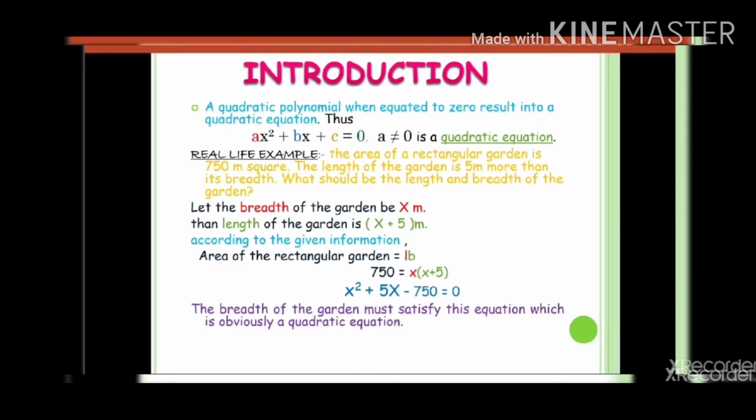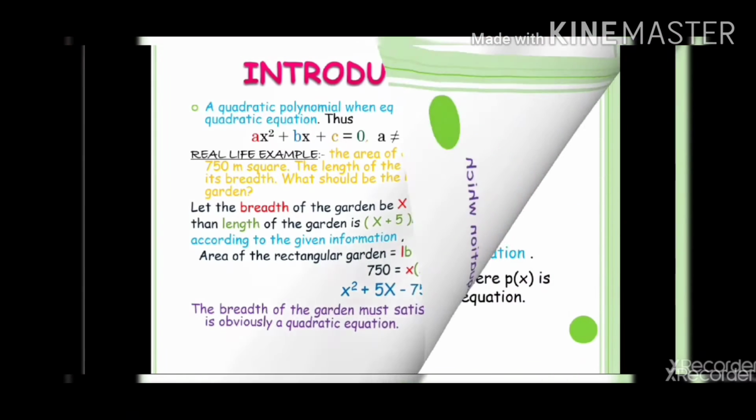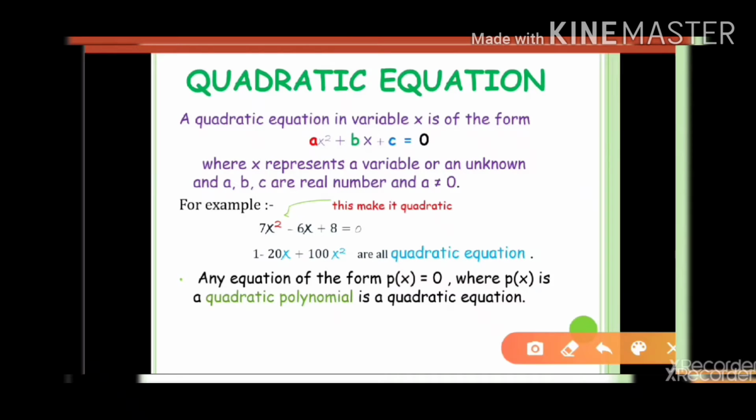Now we learn about quadratic equation in detail. A quadratic equation in variable x is of the form ax squared plus bx plus c equal to 0, where x represents a variable, or we can say an unknown, and a, b, c are real numbers where a is not equal to 0. ax squared plus bx plus c equal to 0.